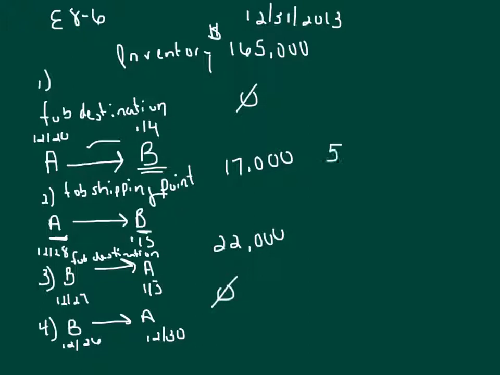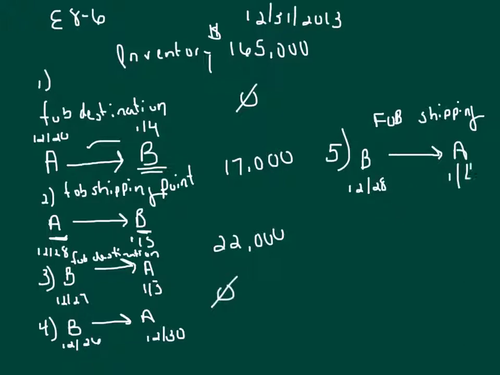Now when we look at number 5, goods shipped from Quack. So again, Quack is B, shipping to A, and we have FOB shipping point. The shipping point date was 12/28, and the goods were received on 1/4. Remember, FOB shipping point, as soon as the goods leave Quack's dock, they become property of A and are no longer B's property. Well, that happened on 12/28.